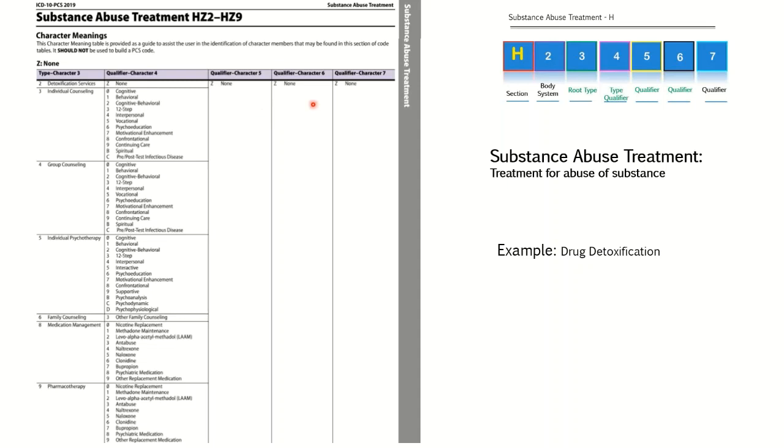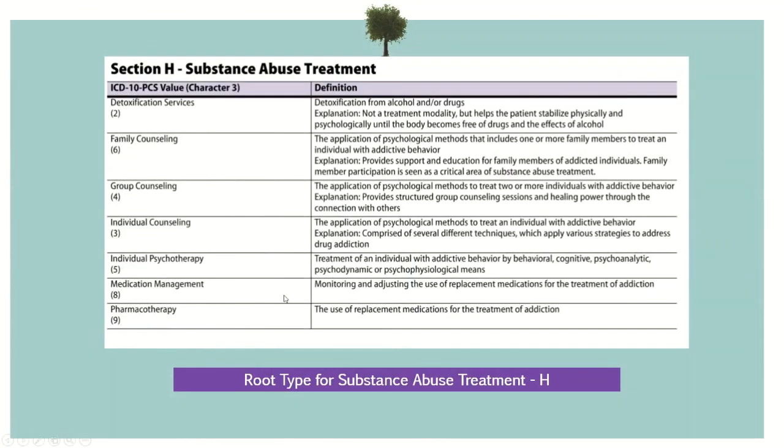And then your fifth, sixth, and seventh characters are none. Now let's look at the root types for Section H: detox services, family counseling, group counseling, individual counseling, individual psychotherapy, medication management, and pharmacotherapy.